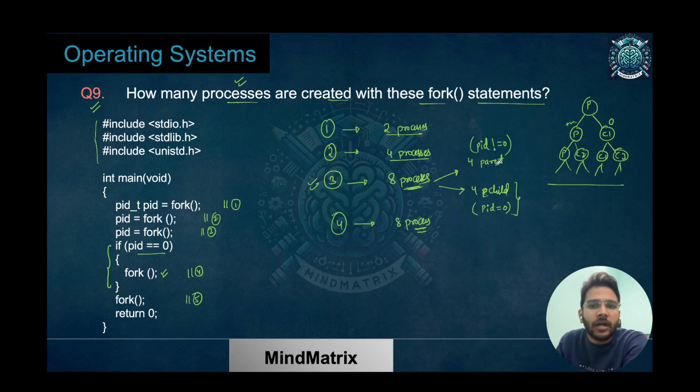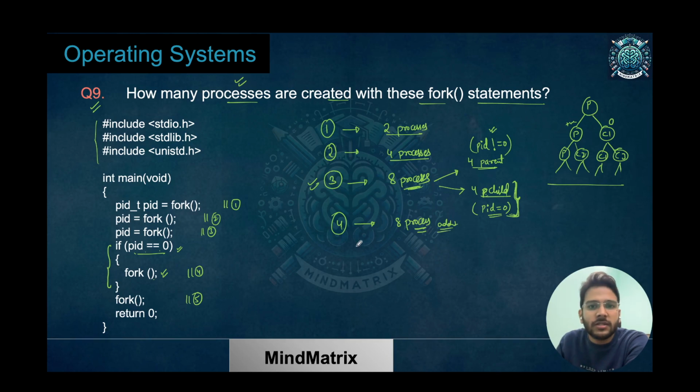Out of that, 4 will be the parent processes which have PID not equal to 0, and 4 will be the child processes where PID is equal to 0. Now this statement will be true for these 4 processes, so this fork system call will be executed for these 4 processes. Clear?